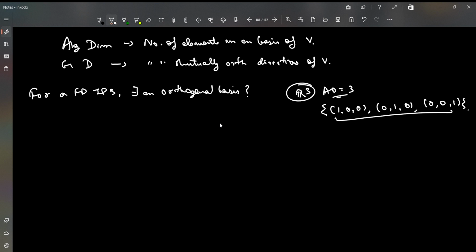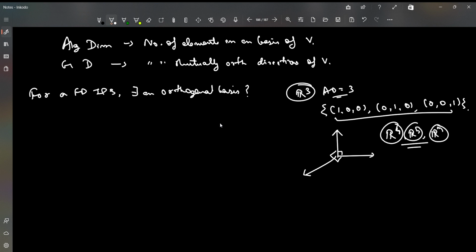Firstly, this basis is an orthogonal basis. Secondly, going by the geometric structure of R3, there are exactly three mutually orthogonal directions. The same you can extend to R4, R5, or arbitrarily any Rn. Pictorially you cannot draw these spaces, but intuitively you can extend this, because you just need another axis perpendicular to all three present here, and then you get four mutually orthogonal directions in R4. Similarly in R5, and you can go on till Rn.